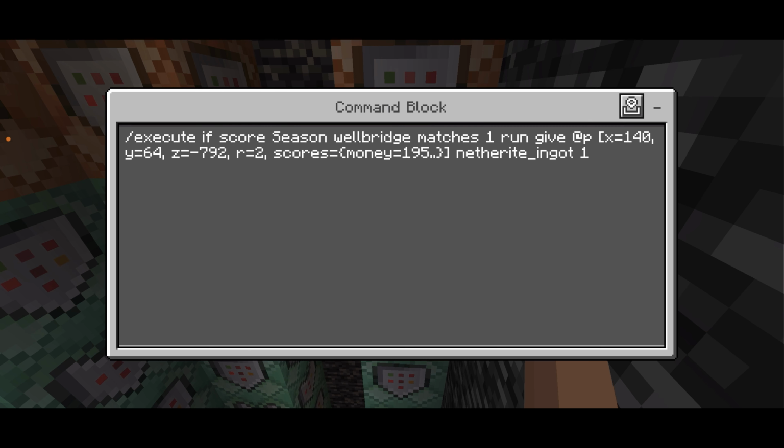You're going to run a give command at the player that's standing there, and I am starting to remember the X, Y, and Z coordinates here. X is 140, Y is 64, and Z is negative 7 something, negative 792. The radius of 2. And they must have the money of 195.